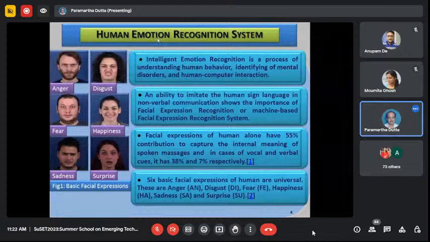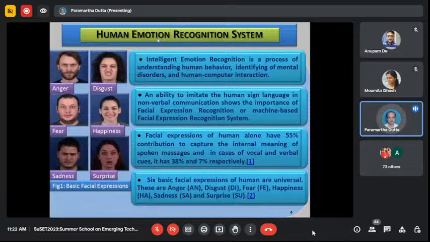Different literatures have identified different combinations of basic facial expressions, but these 6 basic facial expressions are considered the most popular way of representation. So let us accept it, and in fact, all our discussion will be on the basis of this.